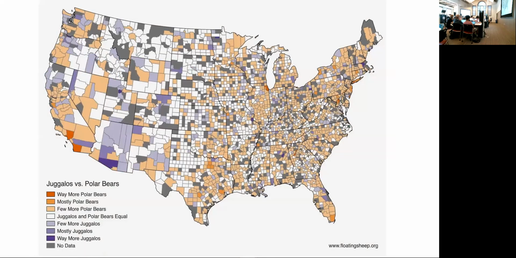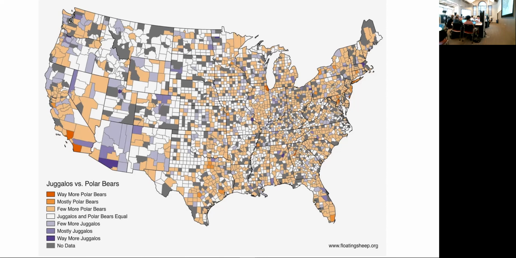This is another juggalo map. As you can see, the authors of the Floating Sheep article were very interested in mapping anything juggalo related when they were writing this. But think about where there are more juggalos and where there are more polar bears. It's surprising how many polar bears there are compared to juggalos. I don't know if this is based on search data or anything else. But essentially what we're getting at with this article is that we need to critically understand the maps that we're looking at, and we need to be able to interpret whether they're actually legitimate or valid, or whether they're just something for fun, or whether there's something with a deeper, more sinister purpose.